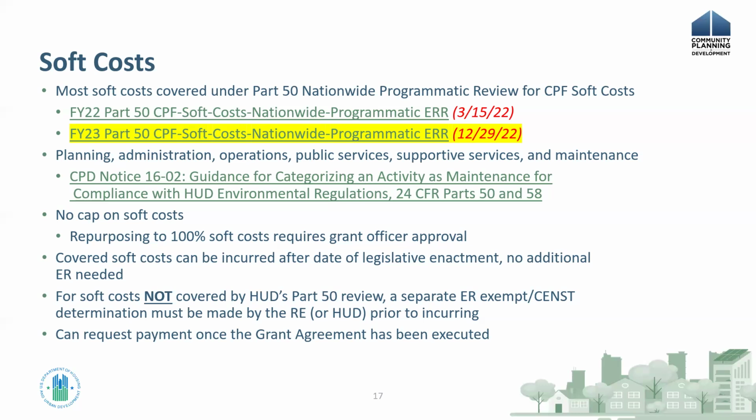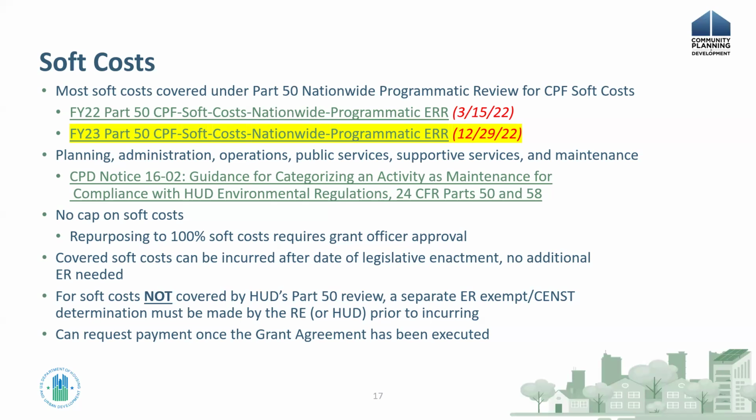There are some soft costs that are not covered. And if you have those types of soft costs in your project that are not covered by HUD's Part 58 or Part 50 review, then you will need to complete a separate exempt or CENST determination, an environmental review determination done by the responsible entity or by HUD prior to incurring those costs.